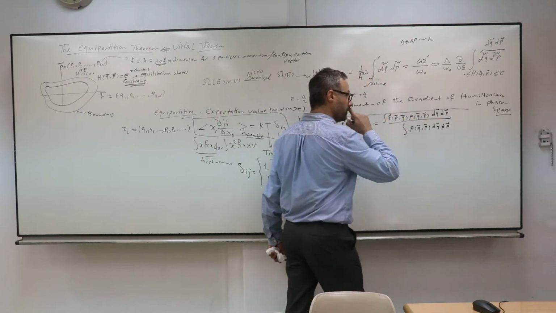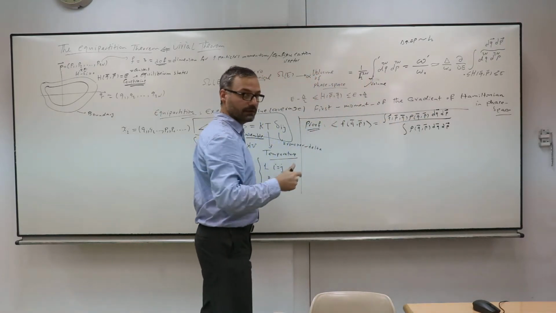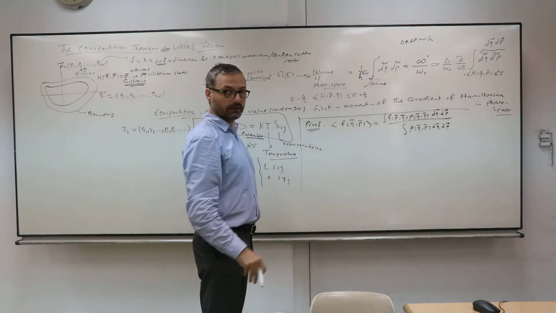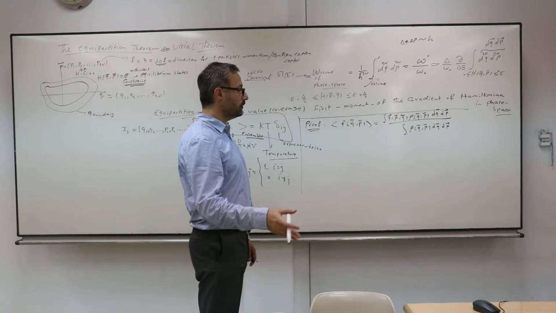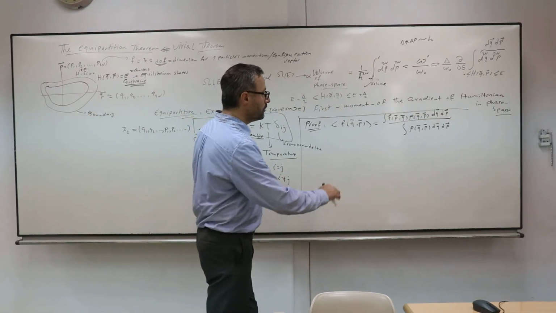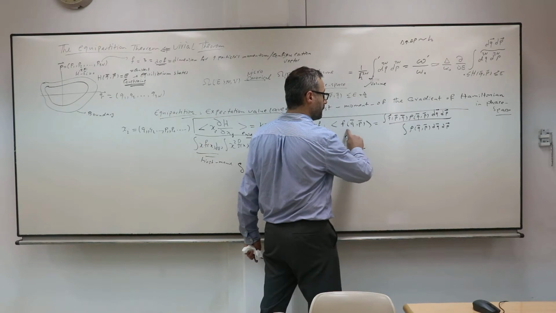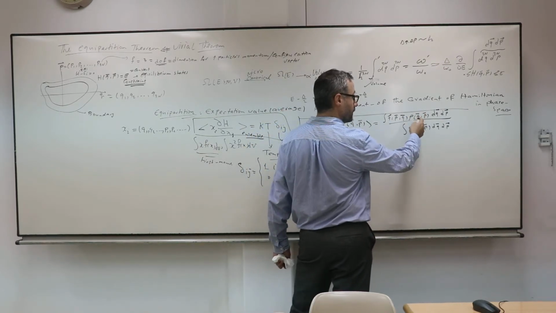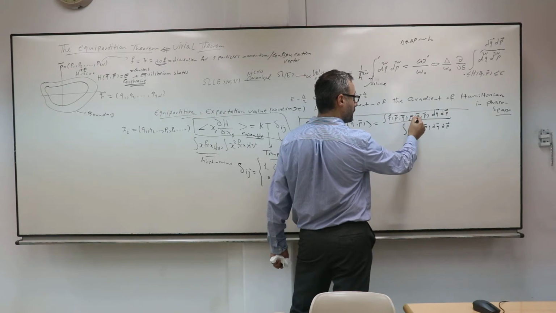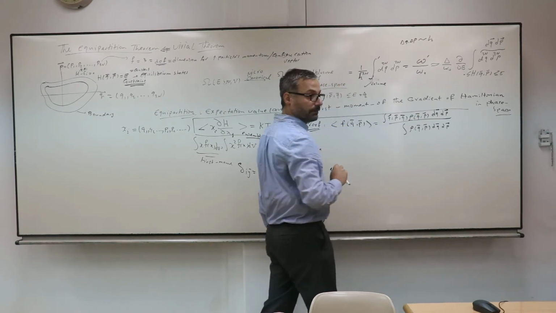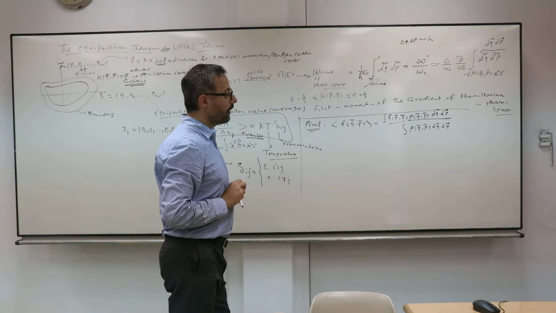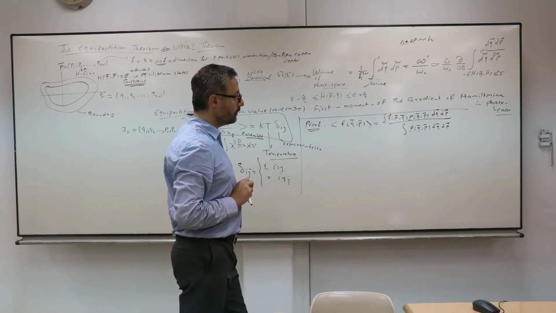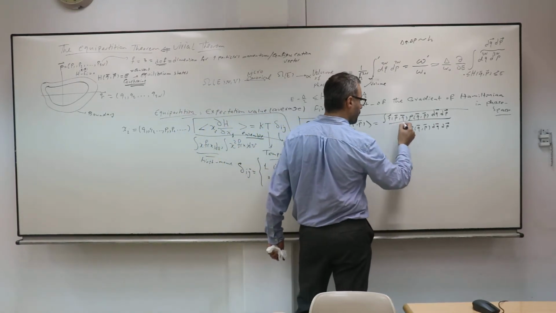This is general, not only for microcanonical, for any ensemble: canonical, grand canonical, also microcanonical. Just multiply the function for which you want to find the average by the density of the statistical probability, and divide that by the total probability or total value.